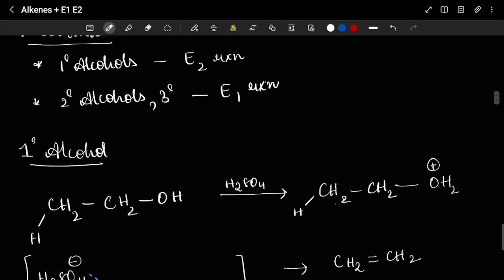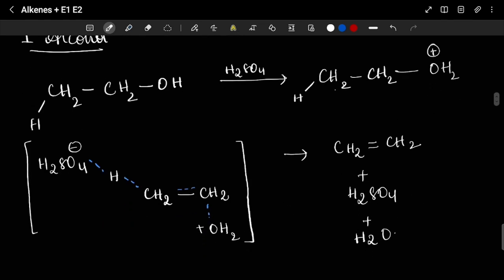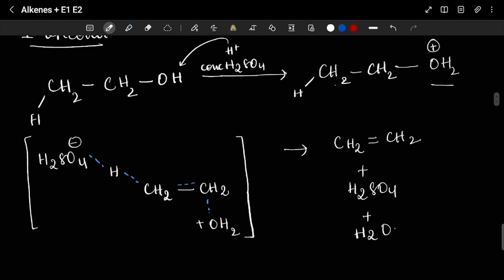So let's see, in primary alcohol, we know E2 reactions happen in a single step. So we have a transition state forming here. This is the alcohol we are having, CH3CH2OH, ethanol, and then you are treating it with concentrated H2SO4. First of all, the H plus from this acid is going to attack this OH, so it will get OH2 plus, and then a transition state is formed like this.